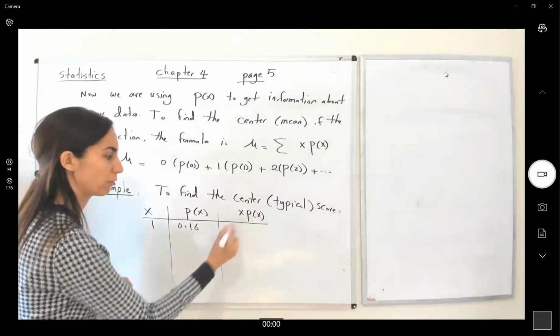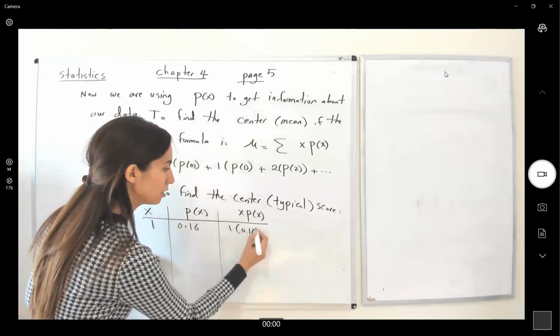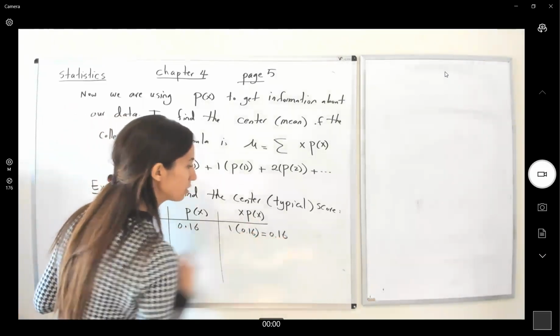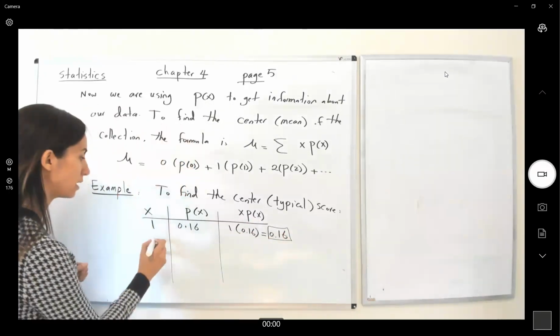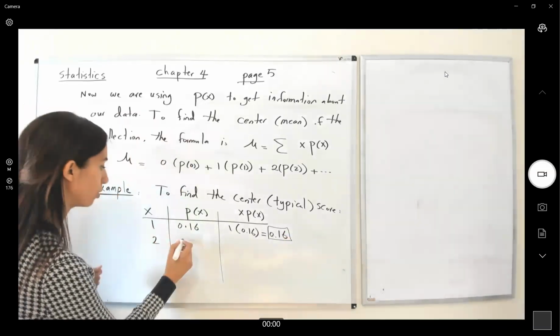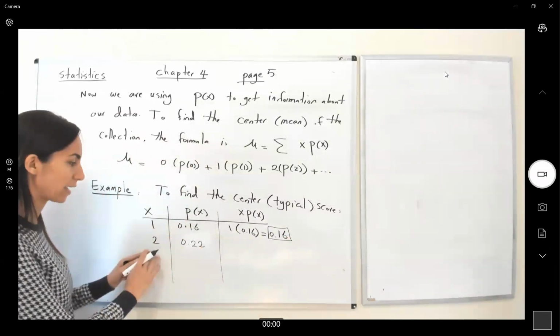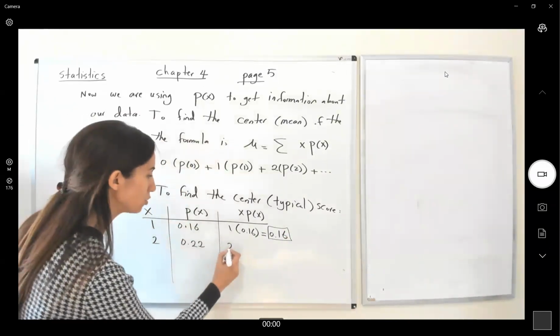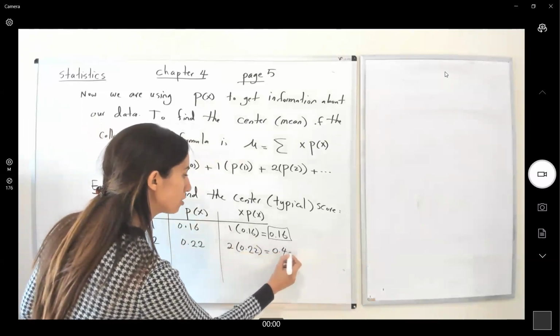So x times P of x is 1 times 0.16, which is 0.16. The second score is 2. The probability is 0.22. So 2 times 0.22 is 0.44.